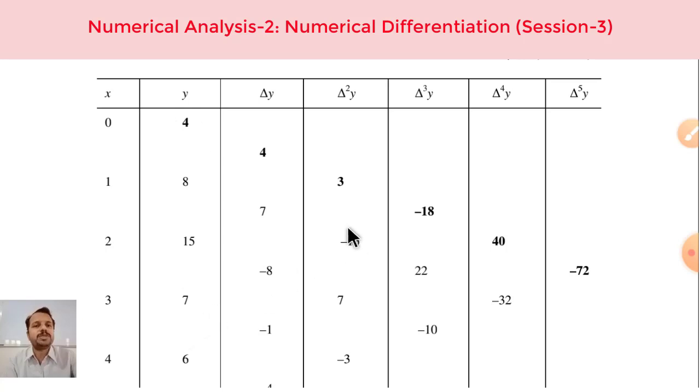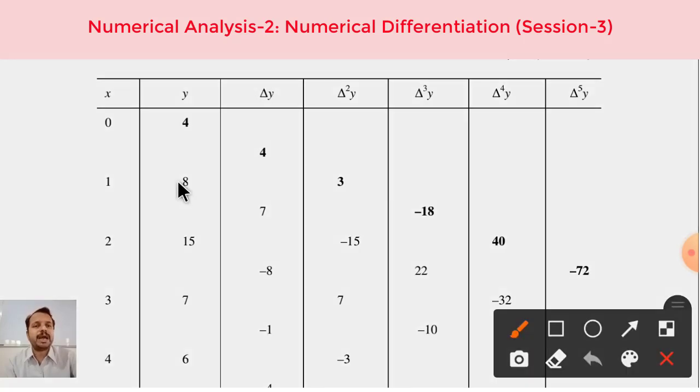So how to proceed? To get the first order differences, that is delta f of x or delta y of x, what should we do? We should subtract this value from this value. That is, we have to consider 8 minus 4, answer is 4. You have to write down the answer in between, so that is very important.